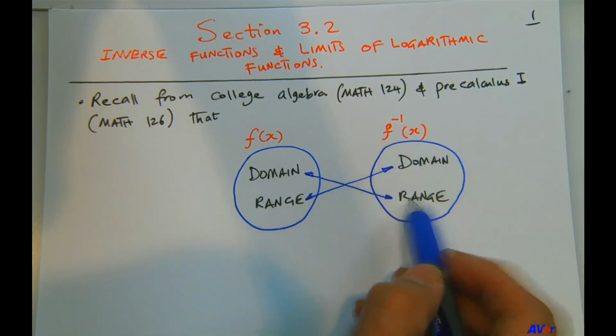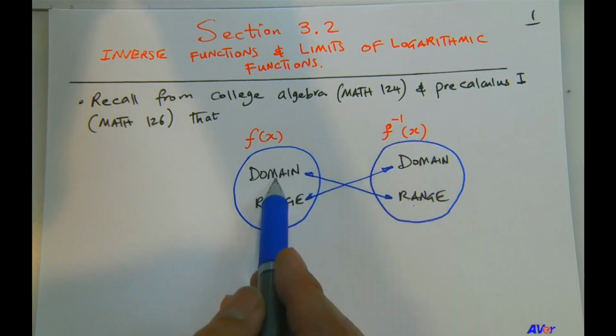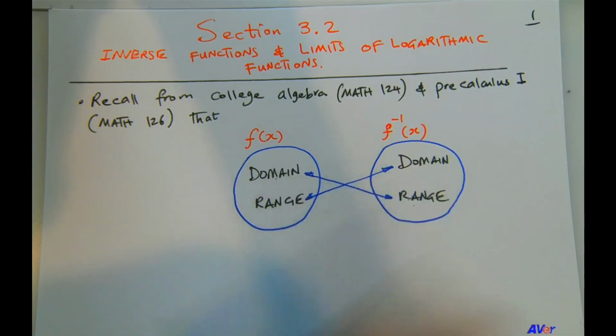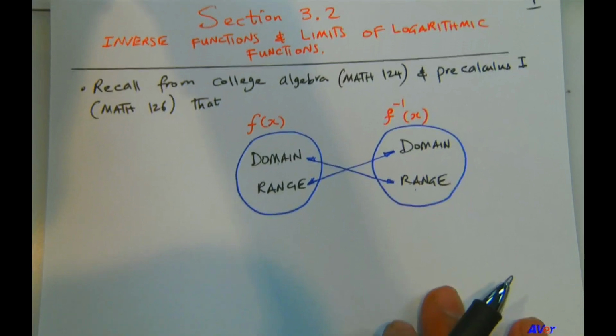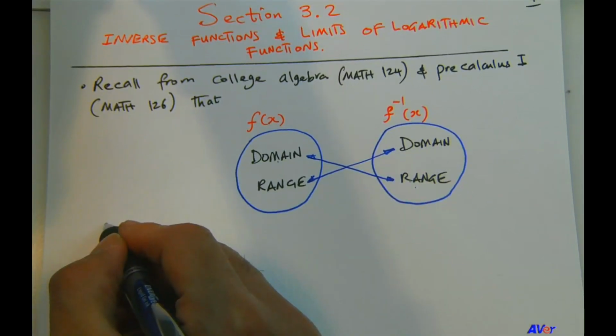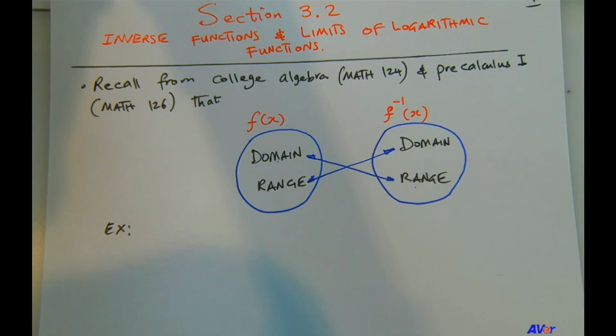So the range of the inverse function is the domain of the original function. So we already know that connection between a function and its inverse. Let's just solidify that concept with a quick, easy example.